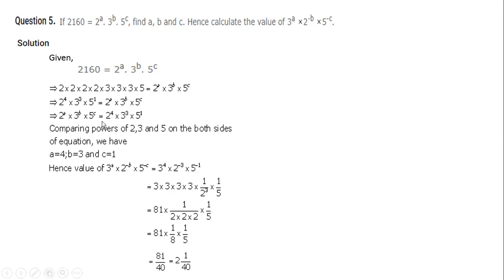So we have to compare the powers of 2, 3 and 5. On comparing, we'll get a equals 4, b equals 3, c equals 1. See, now we are having the values of a, b and c. Put those values in the required expression, 3 power a into 2 power minus b into 5 power minus c. On solving, we'll get 81 by 40 as the answer.